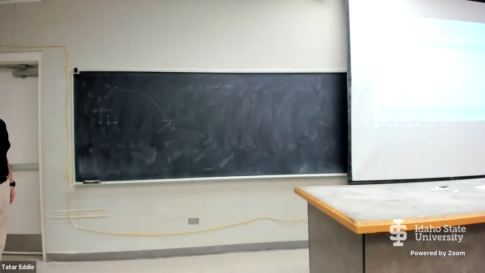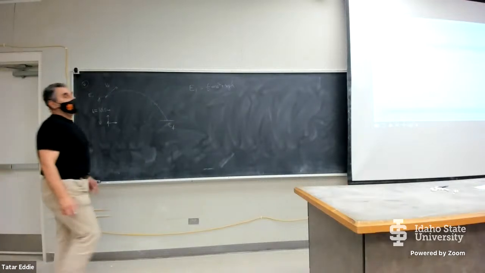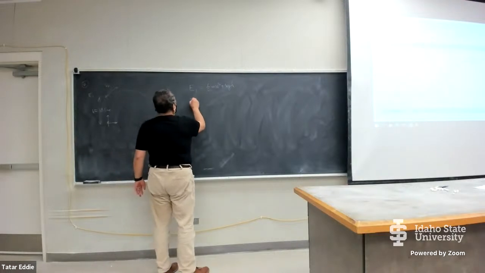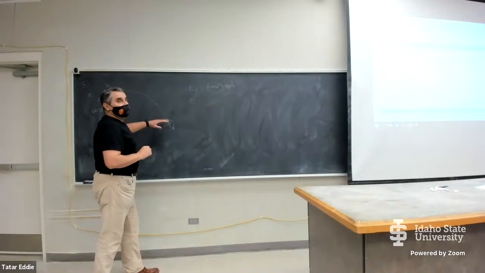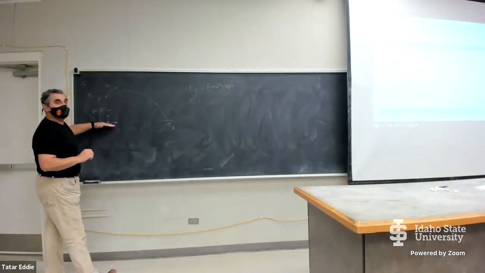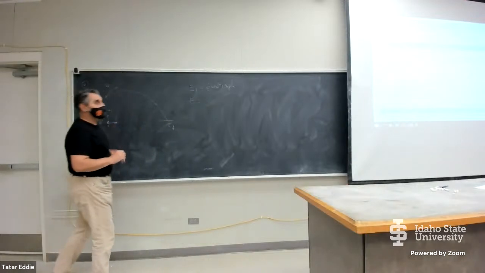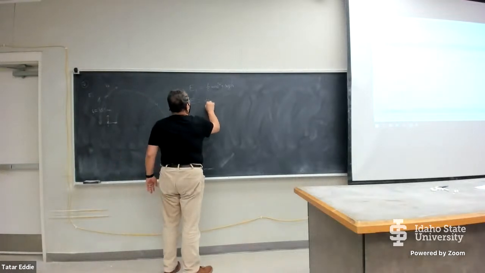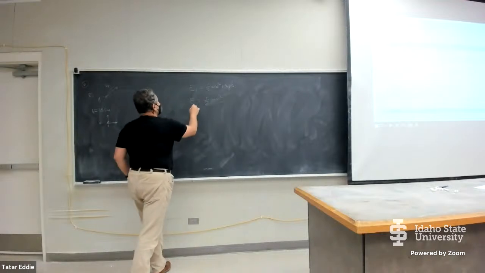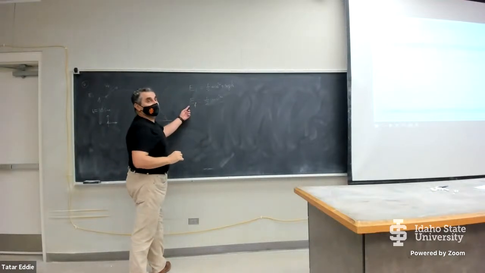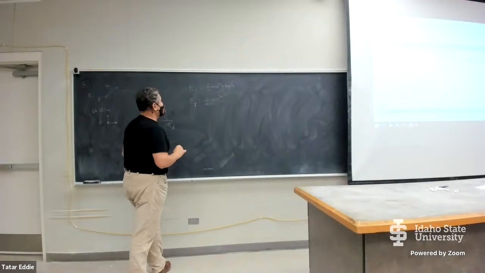This is the number of joules that this object has in the beginning. At the end, it has to have the same number of joules, but at the end, the energy is only kinetic because you took the height here to be 0. So you're going to have 1/2 m v final squared. And those two energies are equal to each other. Final and initial are equal to each other.